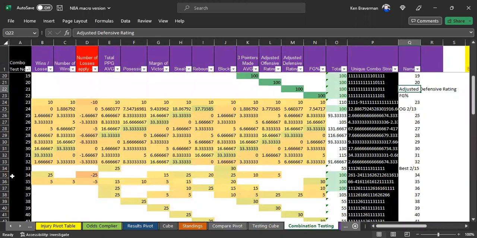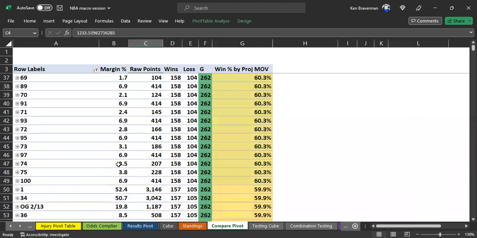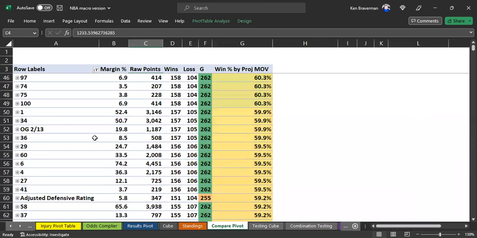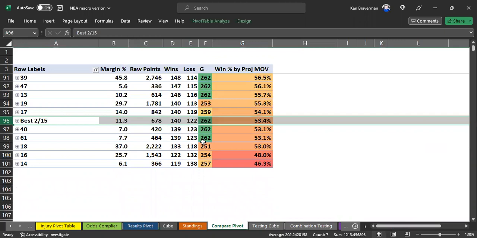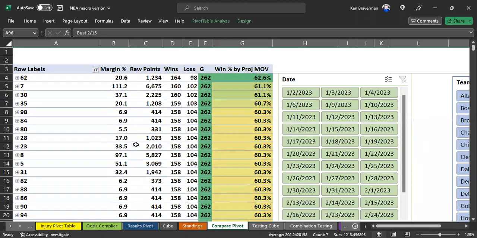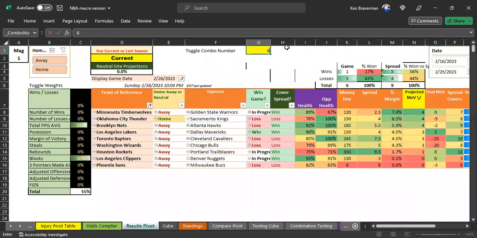So number 33 has a name, actually. It's best from 215. So where is that? That is not even near the top. Oh my goodness, it's way down here for the season. So I think that was a weird lucky run we had for a couple days. Number 62 is decent for the year. Well, what does number 62 do for today?